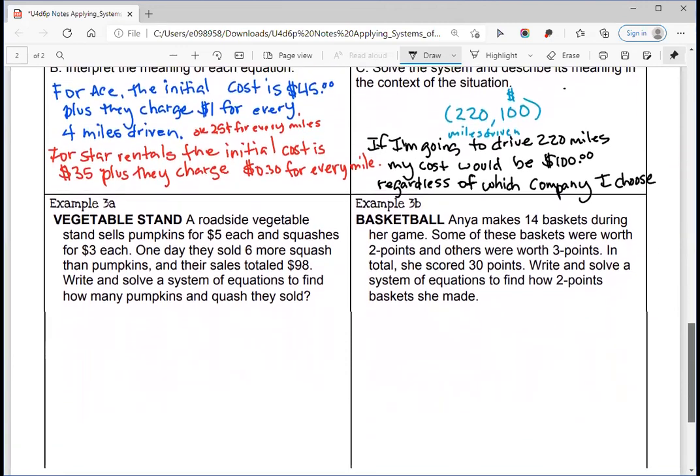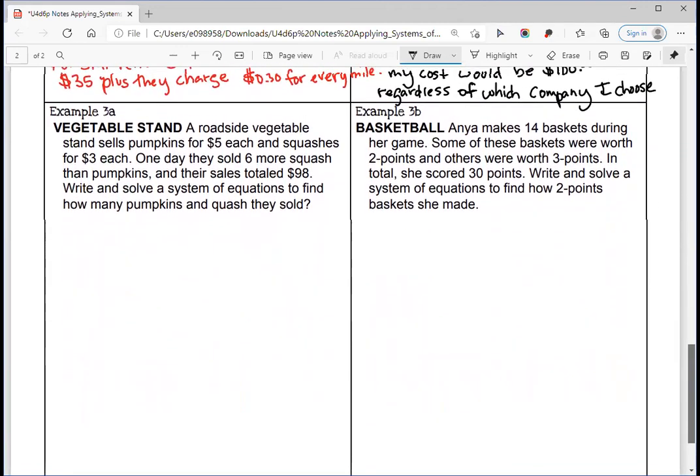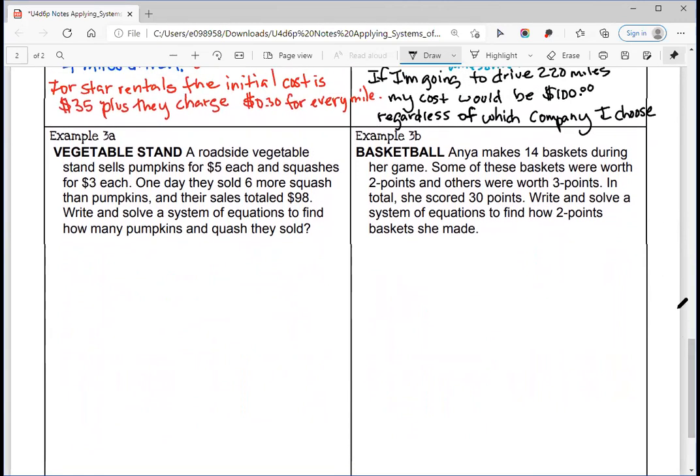All right, let's talk about vegetables. Everybody's favorite. So we have a roadside vegetable stand that sells pumpkins for $5 each and squashes for $3 each. Okay, pumpkins, $5 each. Squashes, $3 each.